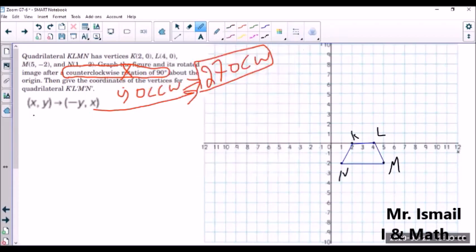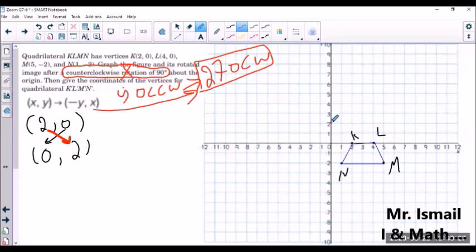So the first point, 2, 0. Let's switch them: 0, 2, and I multiply y by negative 1. Negative 0 doesn't make sense because 0 is neutral, no negative, no positive. So it will be 0, 2.